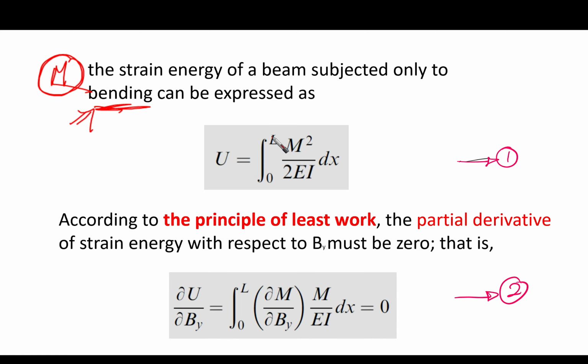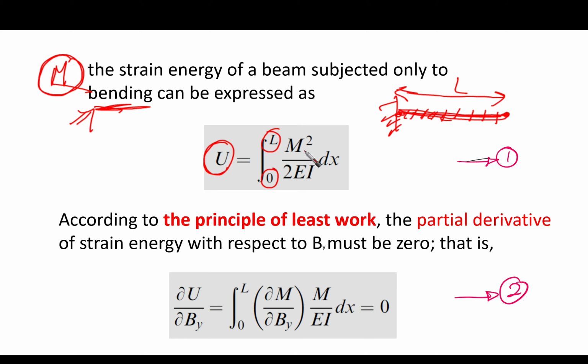So U, the strain energy, equals the integration from 0 to L. This is the limit, since the length of our system is L. We are integrating because it is strain energy, all the small parts along this beam.